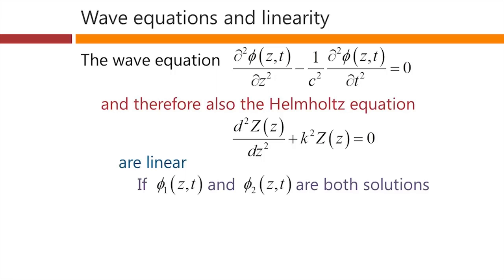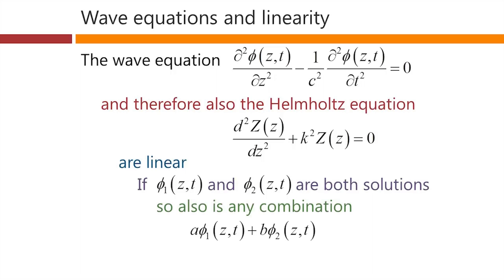That is, if phi 1 of z and t is a solution of the equation and phi 2 of z and t is a solution, then so also is any combination of them, where these are arbitrary constants a and b here. And that is what we call linear superposition. And many of the waves that we want to work with show linear superposition.